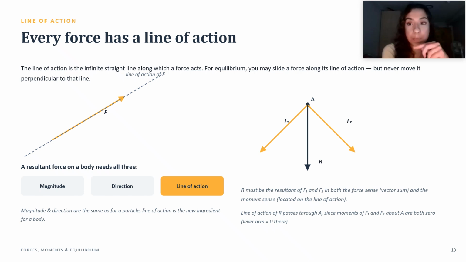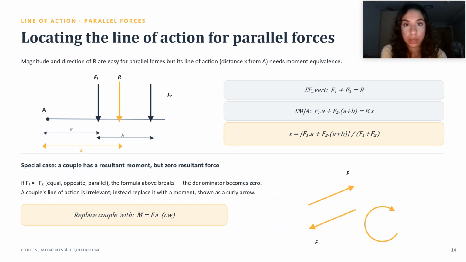Just like that question we solved, we had the moment on pivot A, I think it was pivot A, 0. That's because the line of action of both forces went through the pivot. So that is something to always remember.